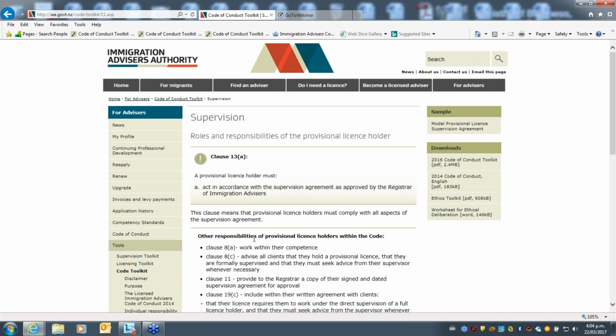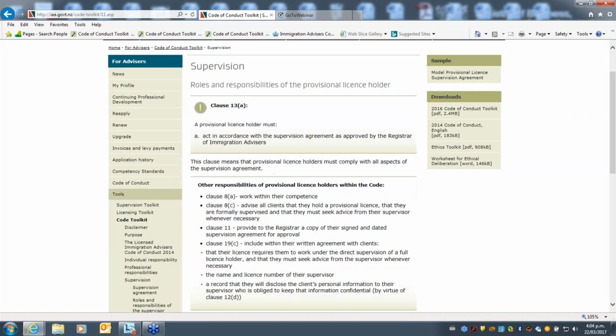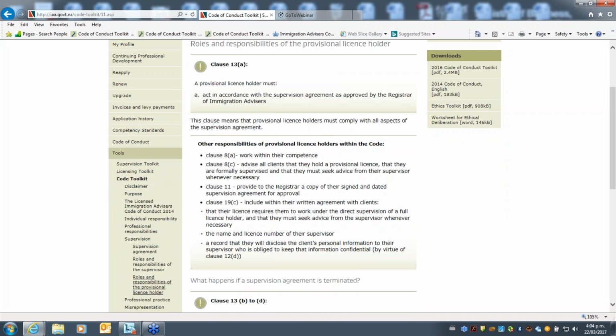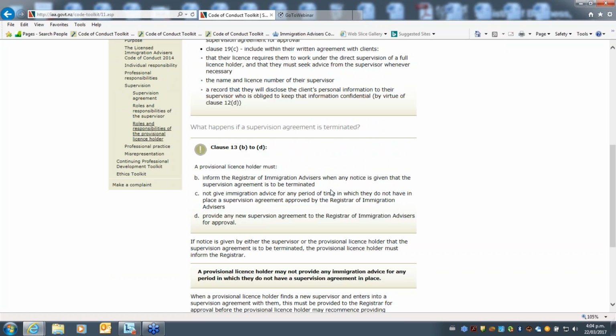Then the provisional license holder has to act in accordance with the supervision agreement. So it's important that as a provisional license holder you are referring back to that and making sure that you're complying with that. Again, you have to give notice if the agreement is going to come to an end.